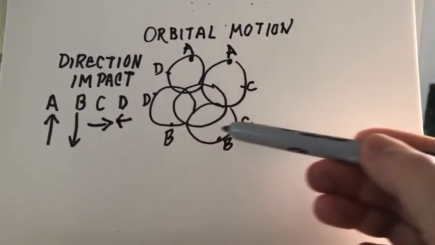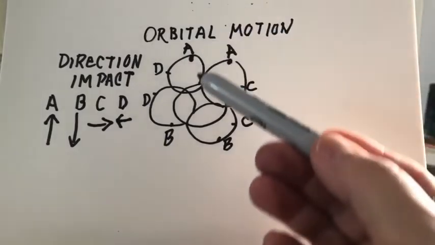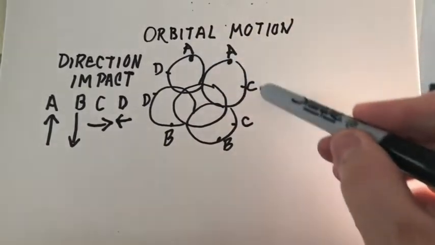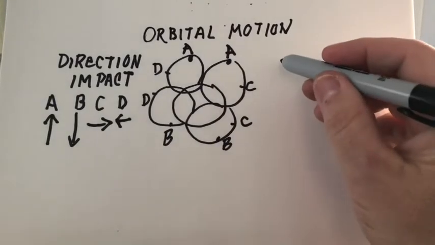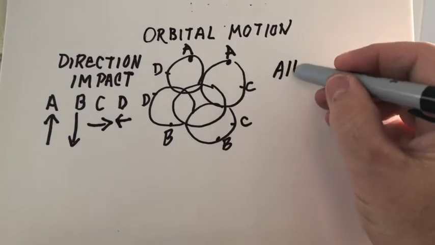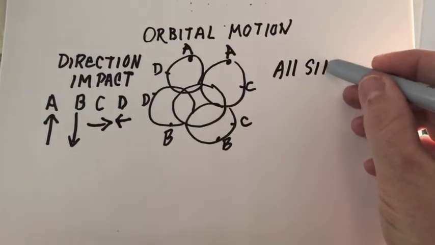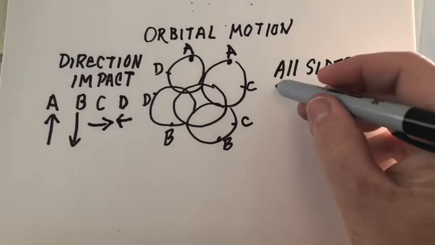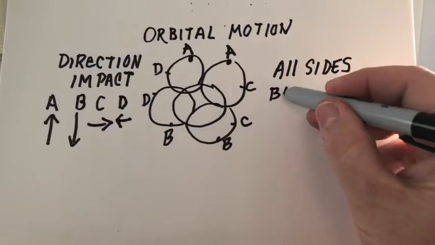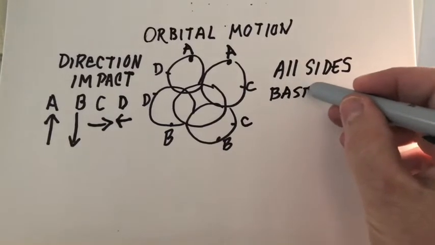However, the pull direction is also getting the other side of the fiber. So a benefit to orbital is not only are you getting the directional impact in one direction, you're getting a little more pull because of the way it's orbiting and a little more surface of that fiber.